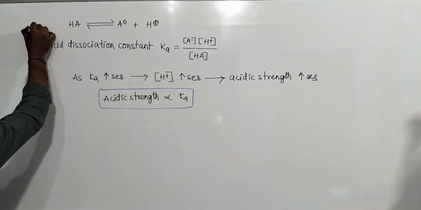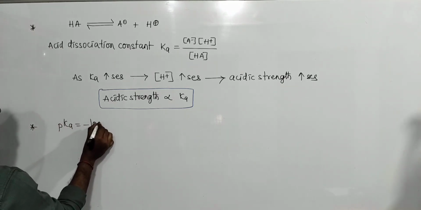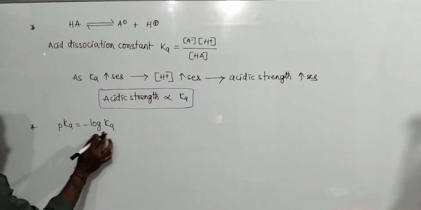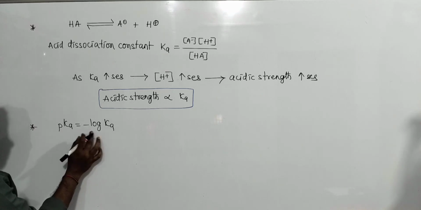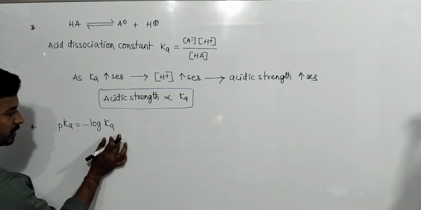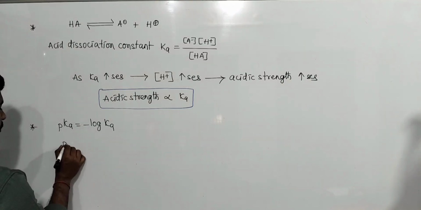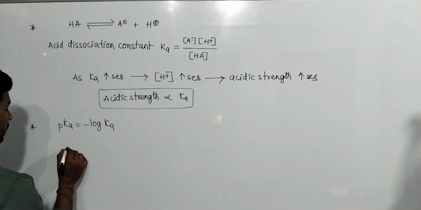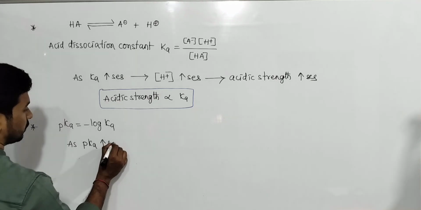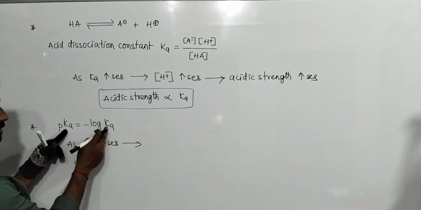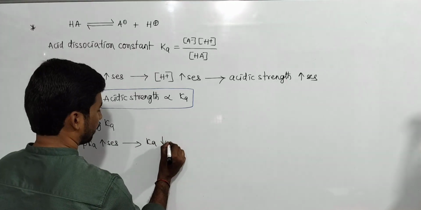This is one relation. The other is, we know pKa is equal to minus log Ka, pH is equal to minus log H, pOH is equal to minus log OH, pKb is equal to minus log Kb, pKw is equal to minus log Kw. That means as pKa increases, the Ka value decreases.